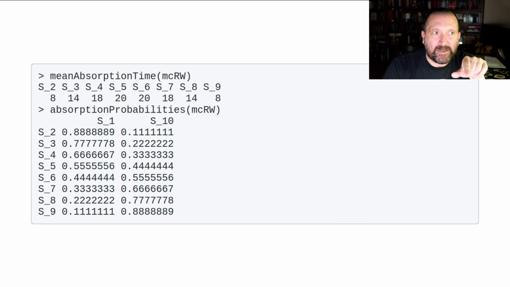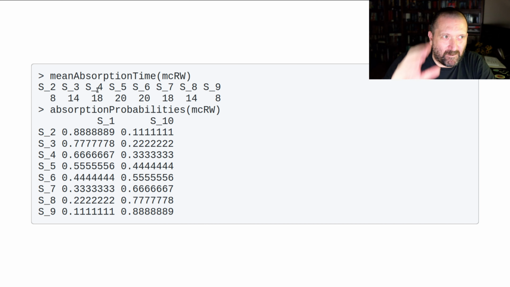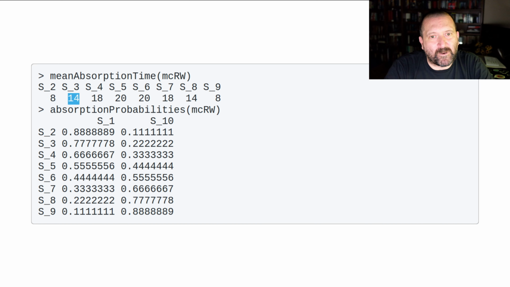That's the T_i, the row or column vector T_i that we derived. So on average, it will take me 8 steps before I'm absorbed if I started in state 2. If I started in state 3, on average, it will take 14 steps before I'm absorbed.